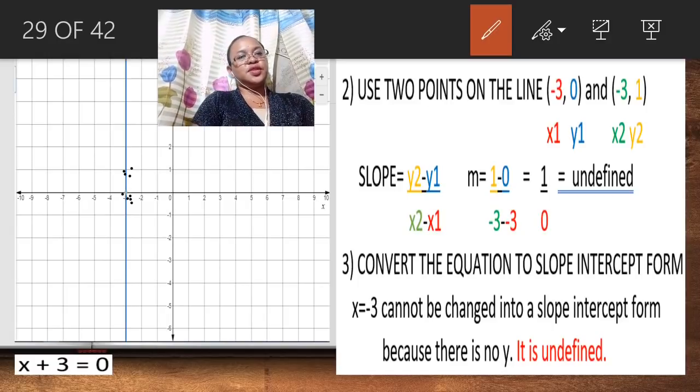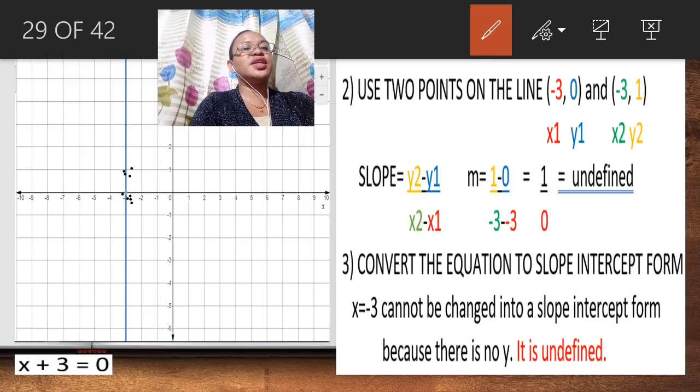So we will now substitute for y2, that is 1, minus y1, that is 0, divided by x2, that is negative 3, minus x1, that is negative 3. So 1 minus 0 is 1. For the denominator, negative 3 minus negative 3 is actually equal to 0.